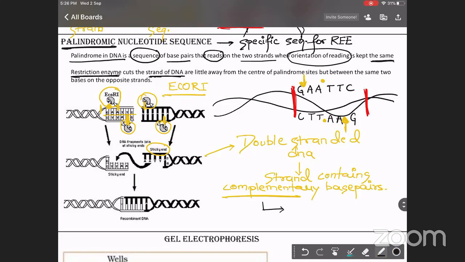If something is complementary to each other, say this is a block, a box, and you have a socket like this.